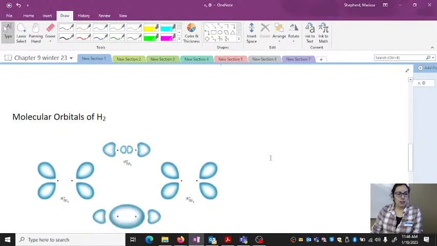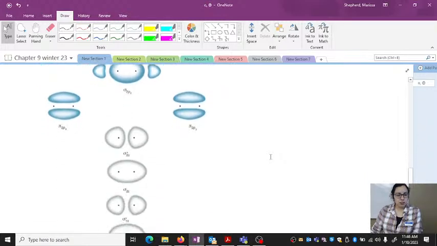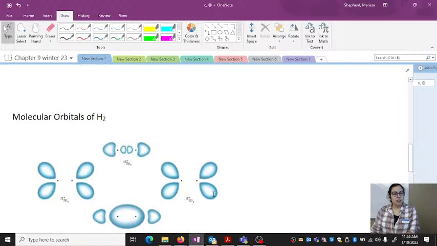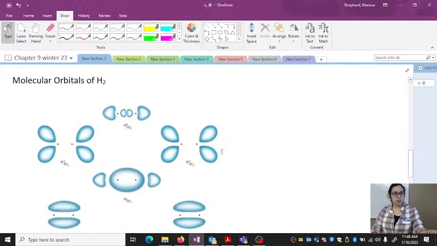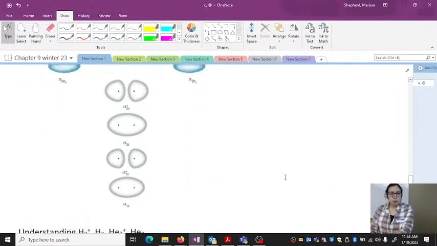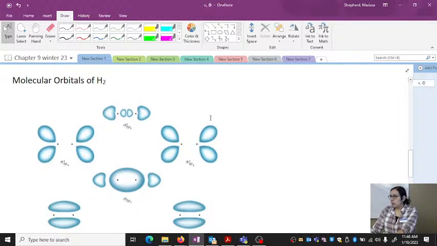Thanks. Your book starts off with what I think is a not helpful picture, but let's look at what they're trying to show us. First of all, what orbitals does H2 have? What do we think about when we are talking about H2?